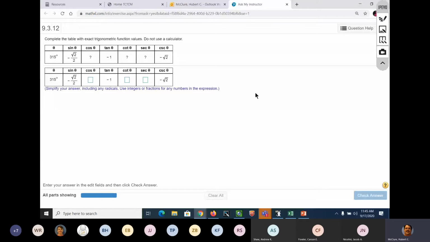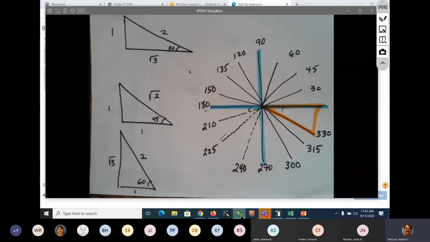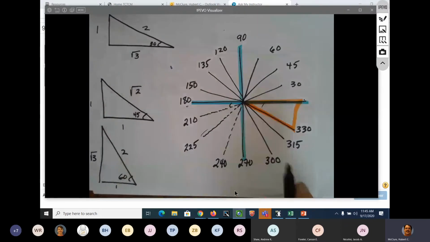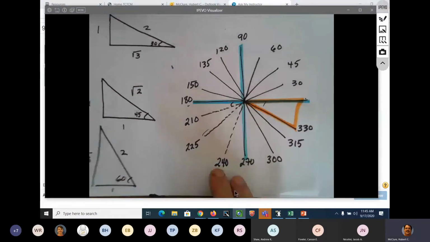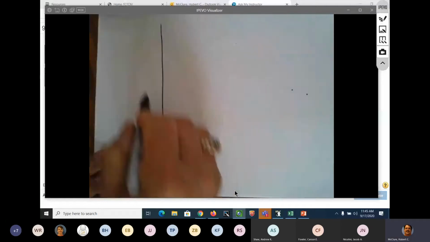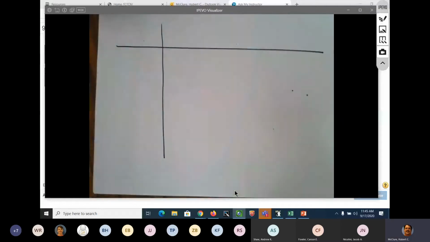Okay. Since y'all not going to talk to me and I don't know how far you've gotten, I'm going to start over. All right, this one says 315 degrees. Well, from the unit circle that we just did, 315 degrees is right here. And it belongs to Mr. 45. So again, we're going to draw a triangle in the fourth quadrant.